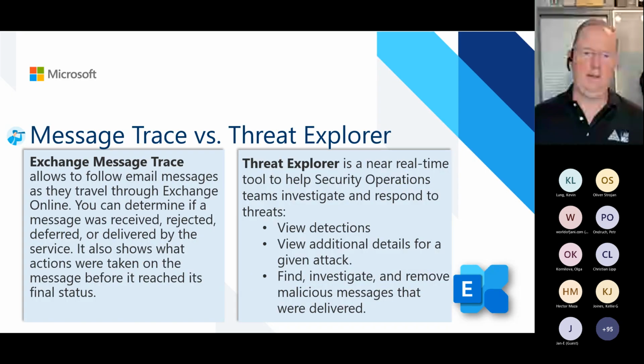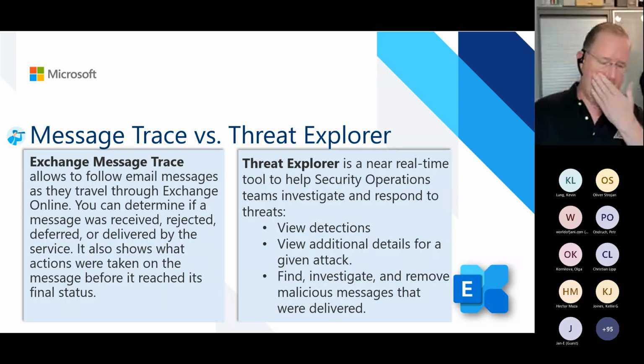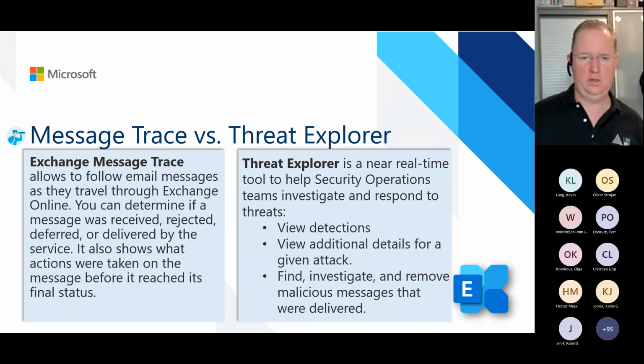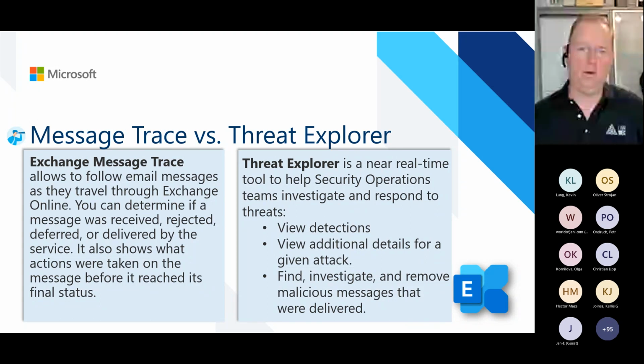For me, it was quite confusing at the beginning because I'm an Exchange person and I always use message trace, formerly called message tracking. Message tracking has been part of Exchange forever because it's important to track a message. And there's Threat Explorer now, a tool that comes from Microsoft Defender for Office 365.